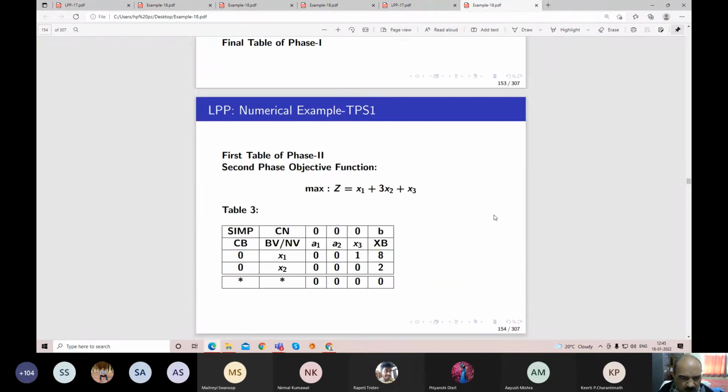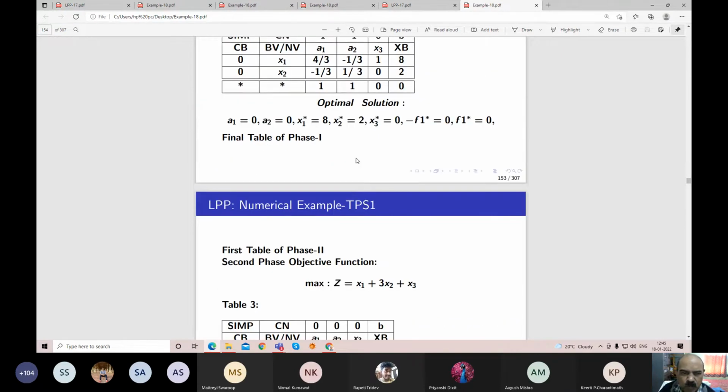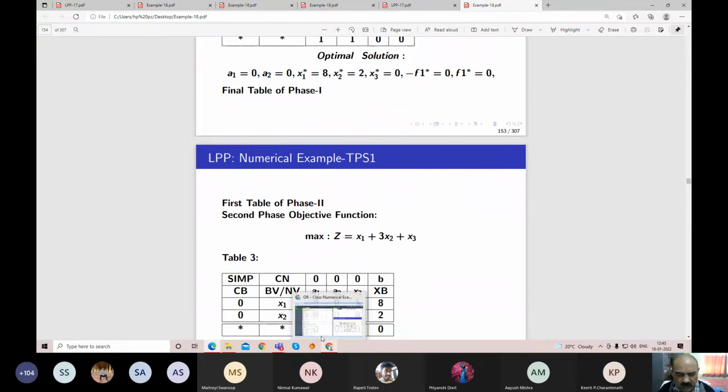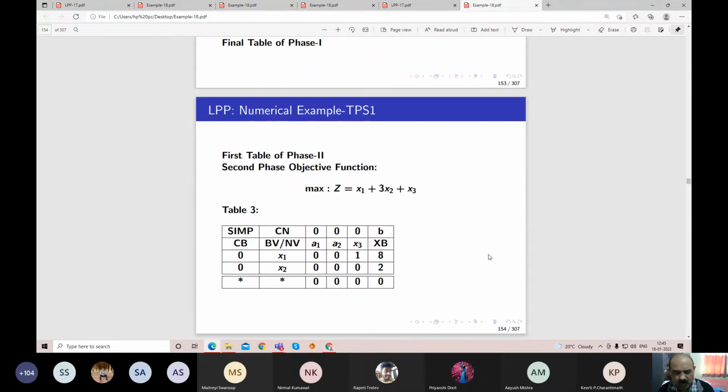Next table is like this. In the next table, the A1 column, all elements are put 0. Because A1 is an artificial variable, its help is no longer required. Similarly, artificial variable 2 is also no longer required because they are non-basic variables.